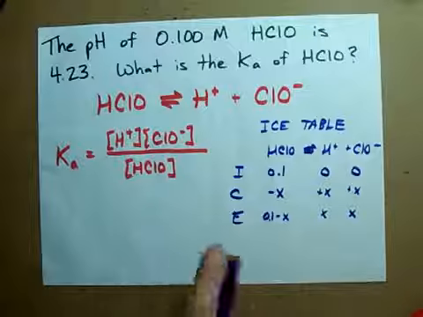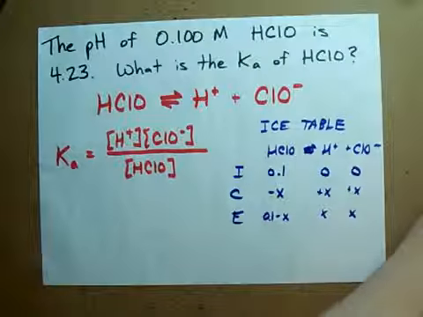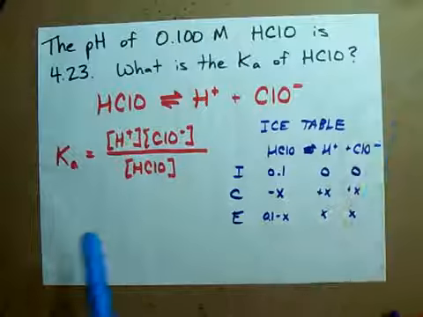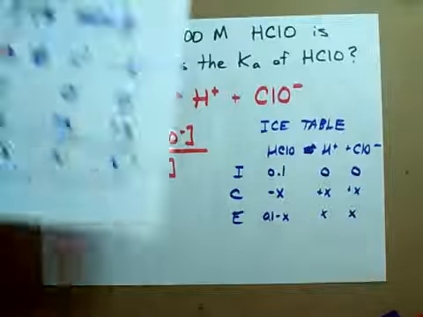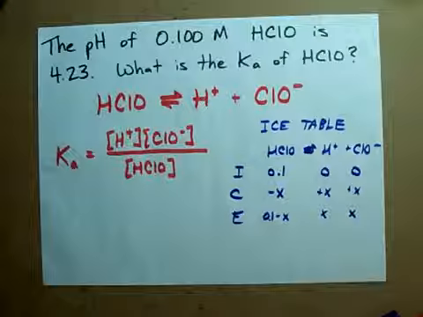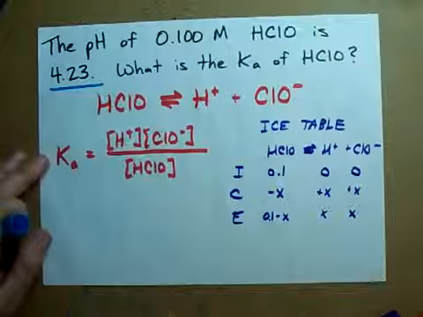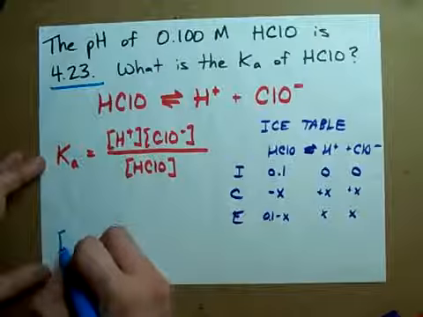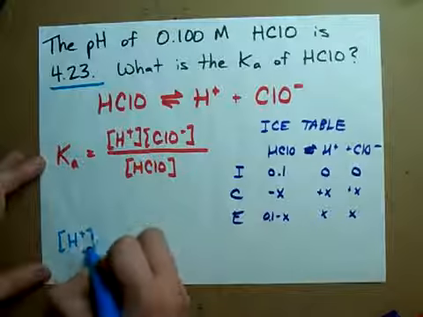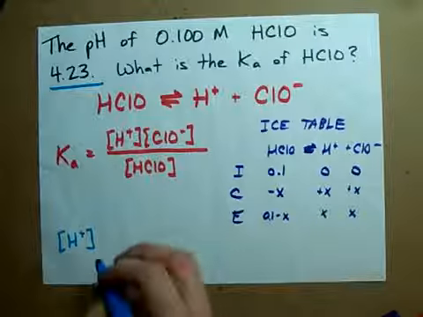What is x, though? And here's where this question differs from the regular kinds of questions where you're given a Ka and you're asked to find the pH. Because you're given the pH, you already know what the concentration of H plus is.